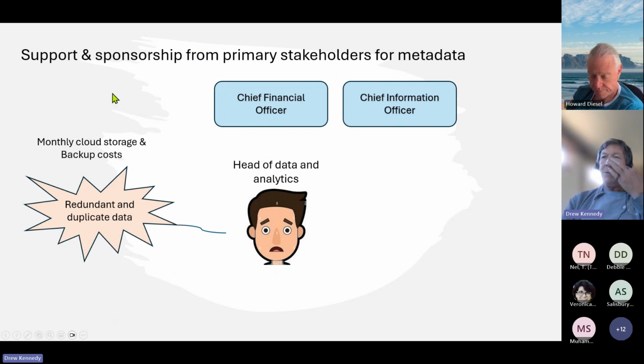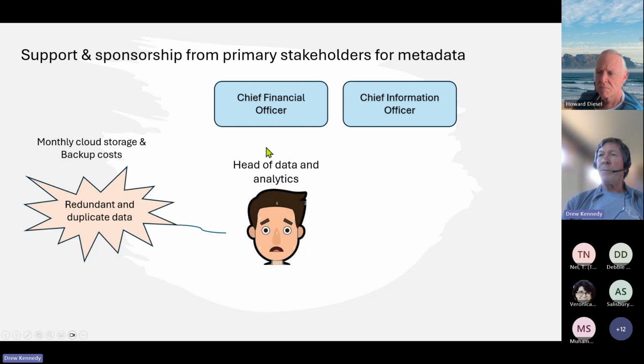So if we think about it, and I've only really touched on 2 or 3 examples, but if we think about the massive monthly costs for cloud storage and backup, yes, he's the guy who's taking the flak, but the 2 people in the organization that it really matters to, because it's their back pockets, it's their profit and loss, it's their bottom line, is the chief financial officer and the chief information officer.